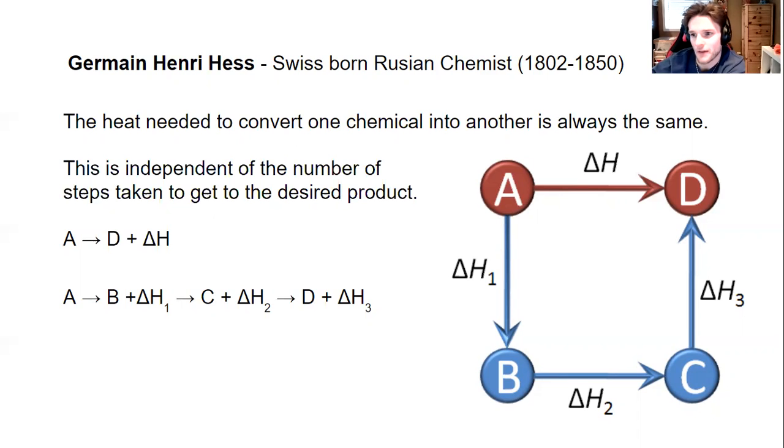And from the definitions we have above, we can see that the delta H from our red reaction, A to D, is going to be the sum of the delta H's that it took to get to D from A the long way, which is in blue here.